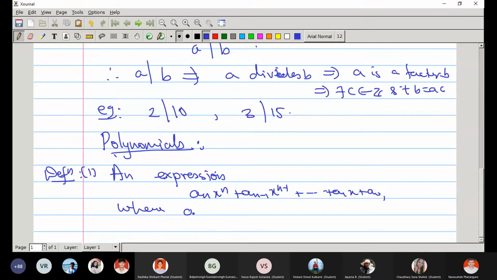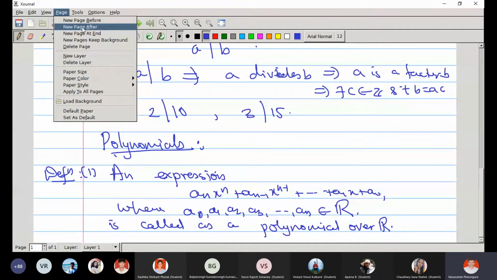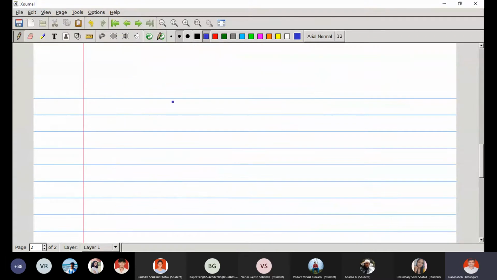where a_0, a_1, a_2, a_3, up to a_n are real numbers, is called a polynomial over R. Polynomial over R means these constants or coefficients are real numbers, right?